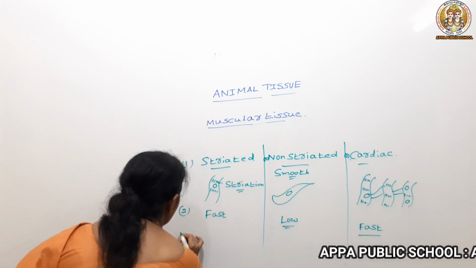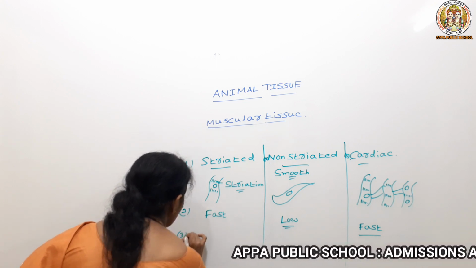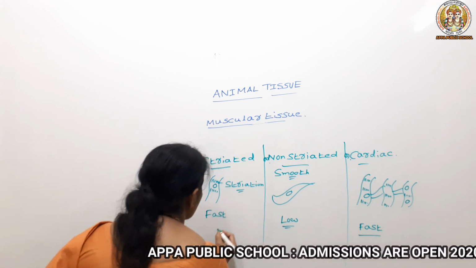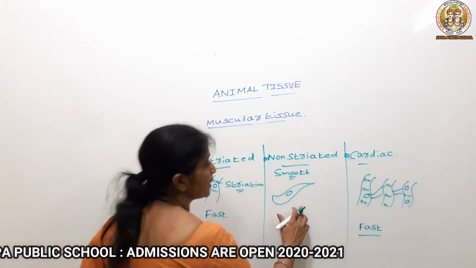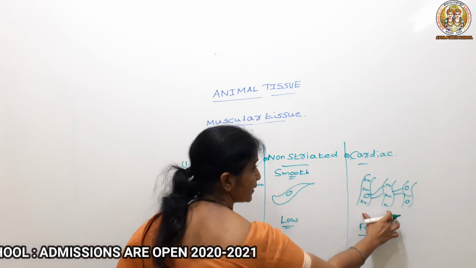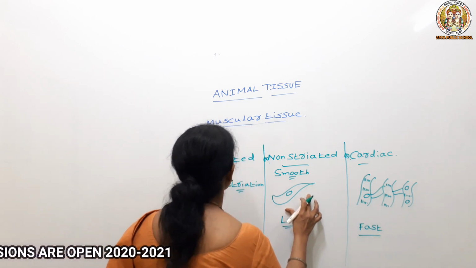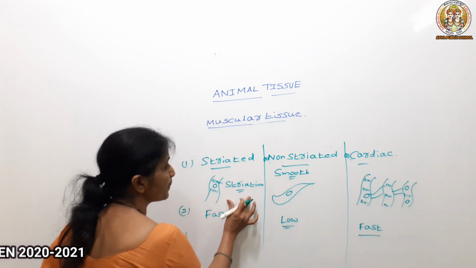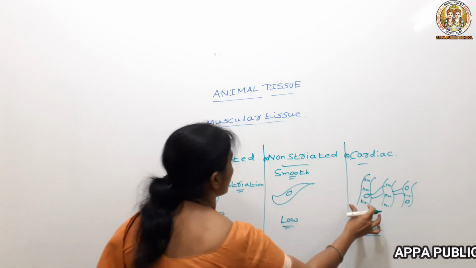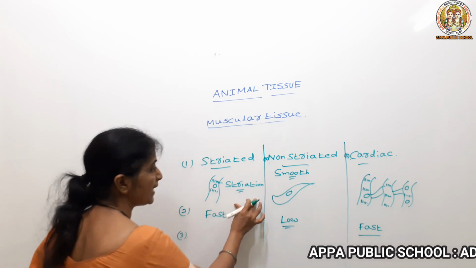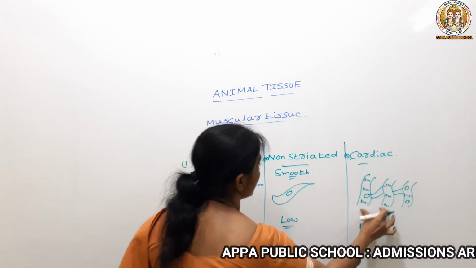Then the third one, structurally also they differ from each other. One is a branched structure, one has a spindle shape, and one is unbranched. Depending upon the striation, striations can be seen in the striated and in cardiac.